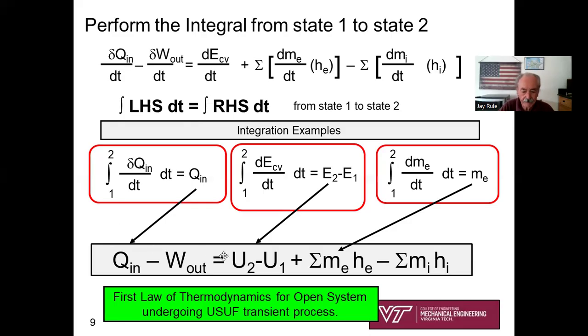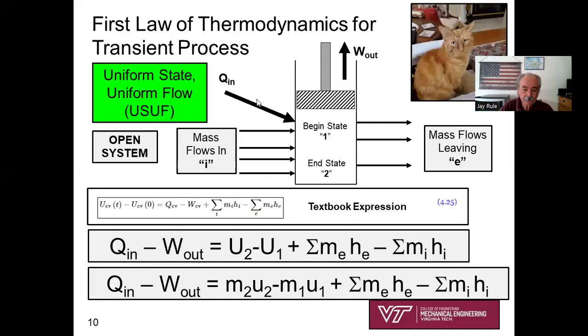Q in minus W out equals capital U2 minus capital U1 plus the sum of the masses that left times the enthalpy leaving minus the sum of the masses that came in times the enthalpies in.